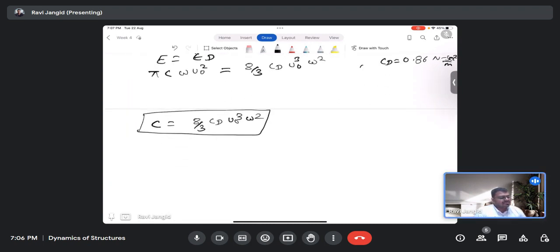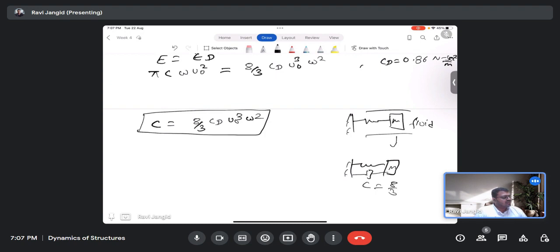So our C becomes like this. From the fluid system to this system, my C should be this one, 8 by 3 cd u naught cube omega square.